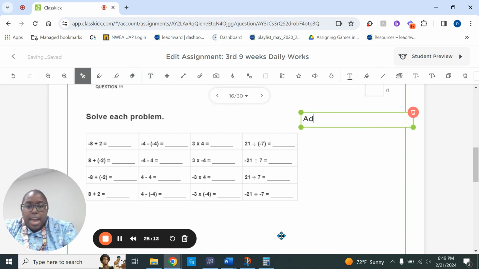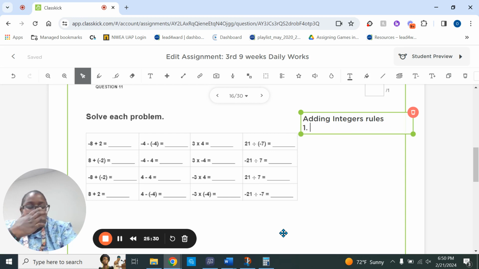So you have the adding integer rules. Now, here's the thing. I call this adding integer rules. This is just adding rules when you're dealing with positive and negative numbers, because it applies to more than just integers.